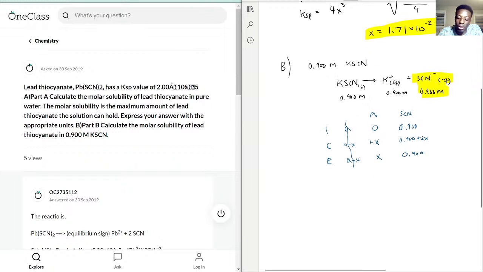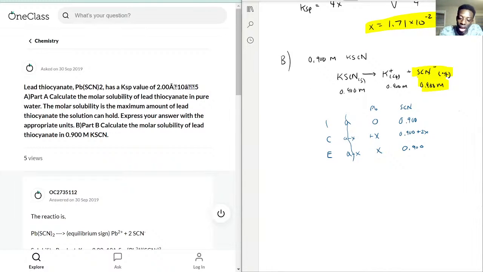And that right there is going to help us solve this question, because what we really have now in this question is the KSP is equal to x times 0.900 squared. Okay, so x in this case is just going to be the KSP over that 0.900 squared.